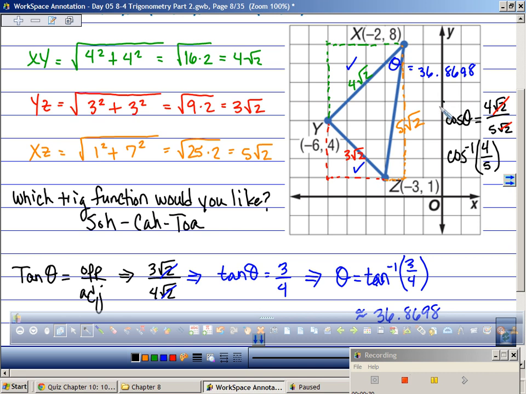Try it again. No, it's cosine. Inverse cosine. 36.8698. So it works, right? And you could put it in with the sine function as well. Okay, any questions?